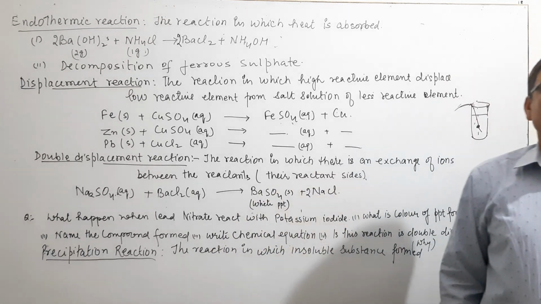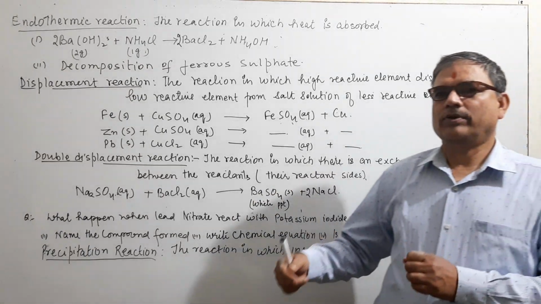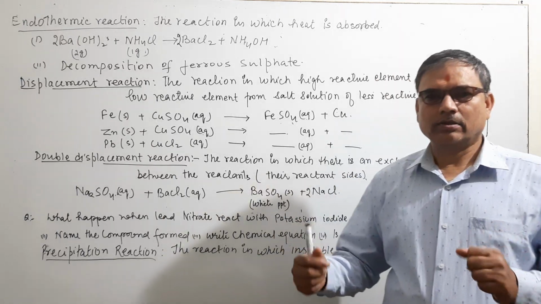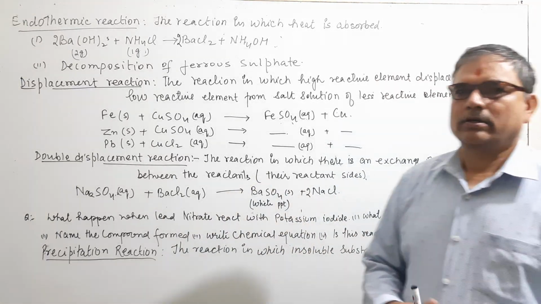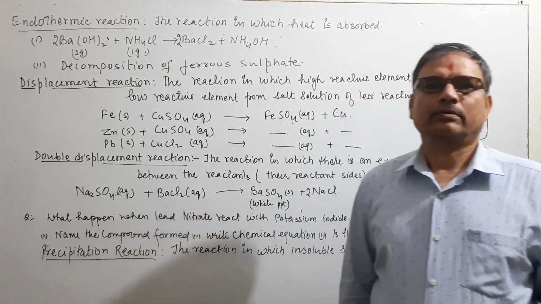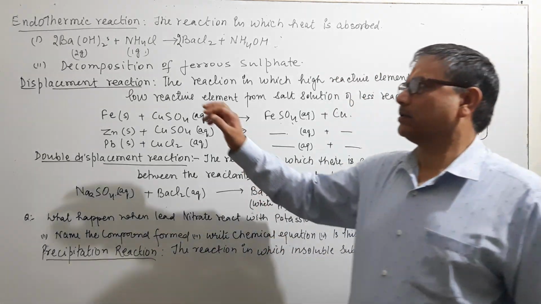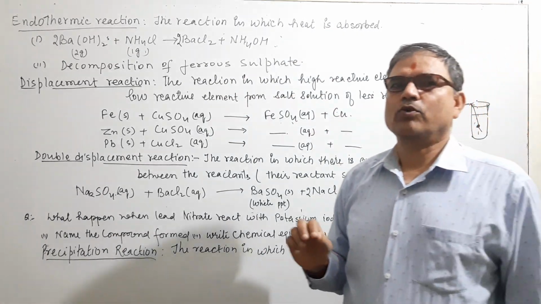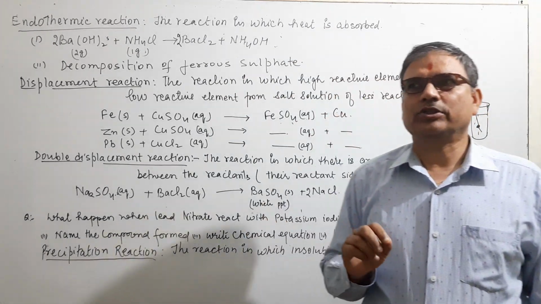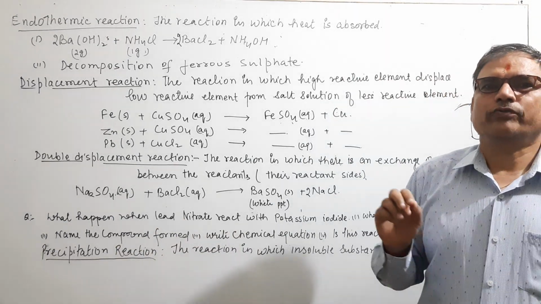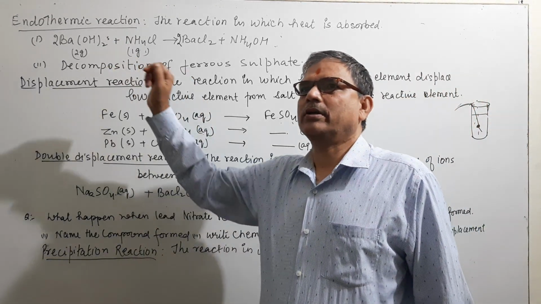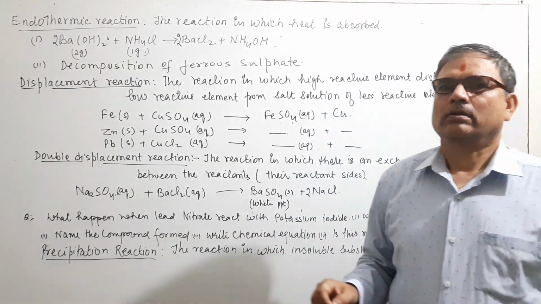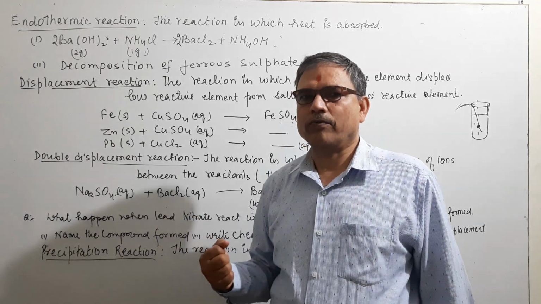As you know very well, in the exothermic reaction, which we did in the previous video, heat is evolved or released. It means an increase in temperature. But in an endothermic reaction, heat is absorbed.